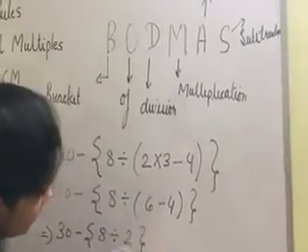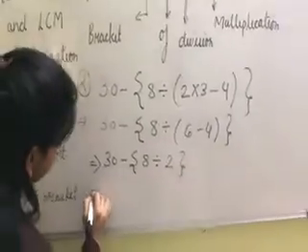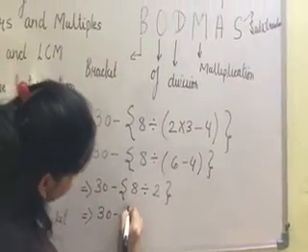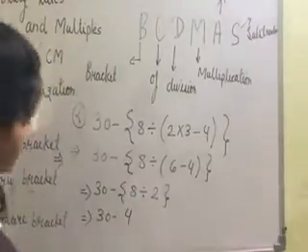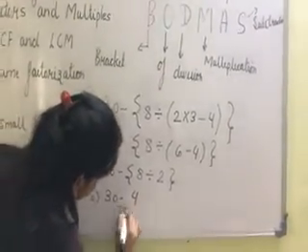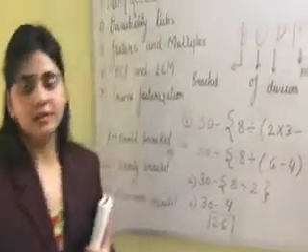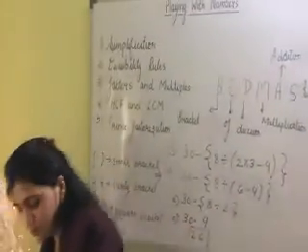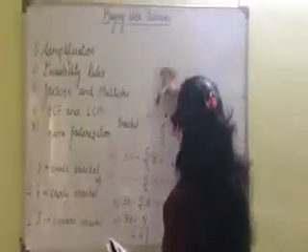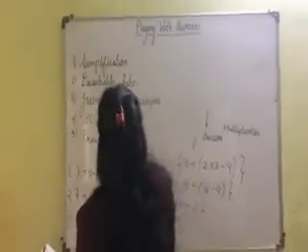Curly bracket next: 30 as it is, now solve this, it will be 4, bracket gets solved. 30 minus 4 is 26. So our answer is 26. Now we have to study the other topic, that is divisibility rule.